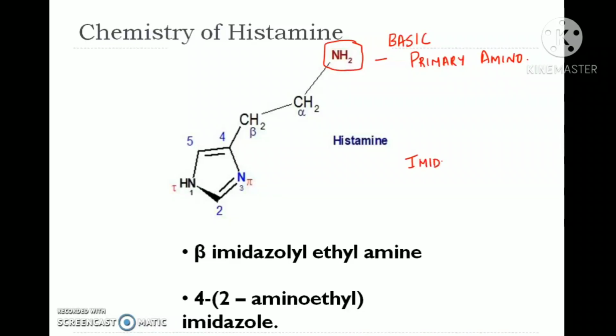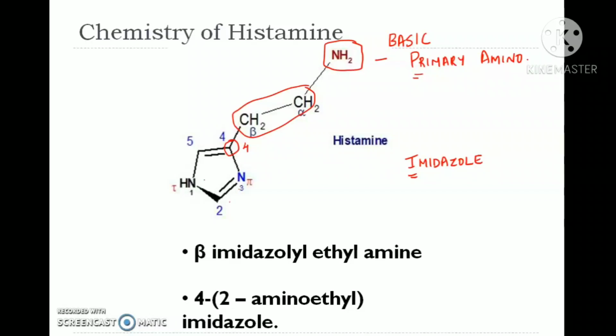And the heterocyclic ring present here is the imidazole ring. And the primary amino group is connected to this imidazole ring by an ethyl side chain. And here the point of attachment of this ethyl side chain is at the 4th position of the imidazole ring.